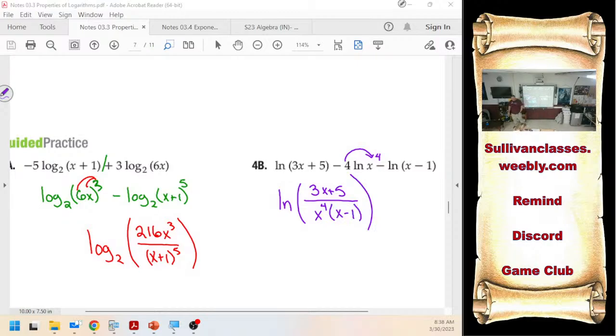Can I distribute the x to the 4th? Now I can, because there's only one of them. It's only an x minus 1. It's not an x minus 1 to some other power. So I can distribute that. Will that result in something that is more or less condensed?